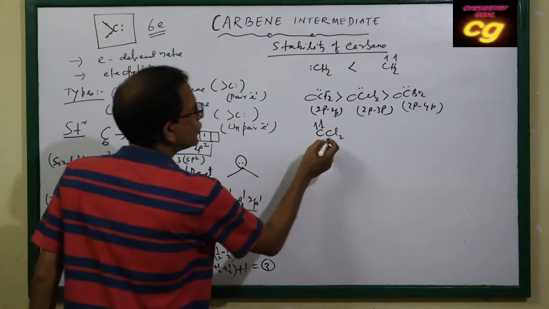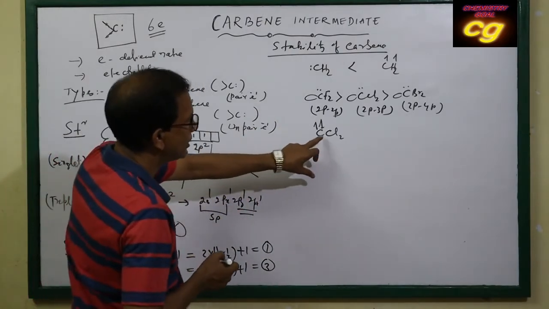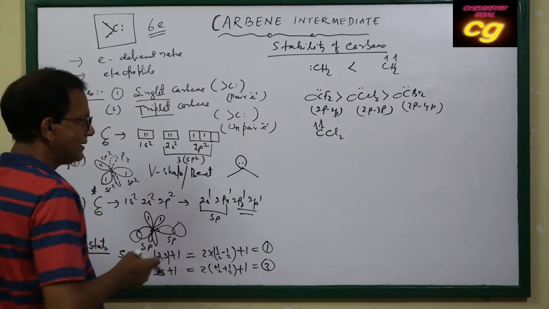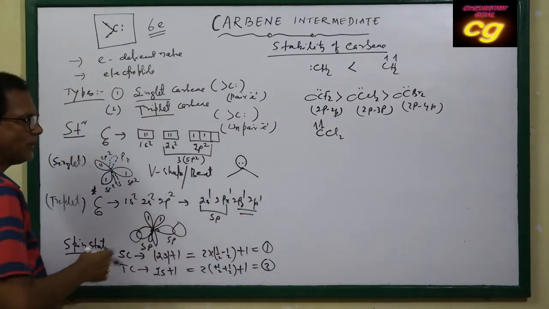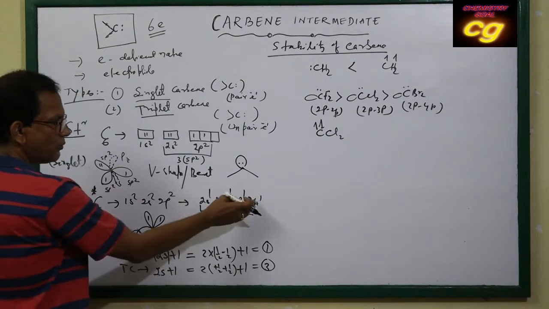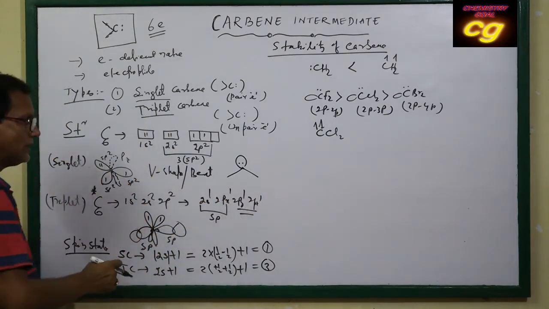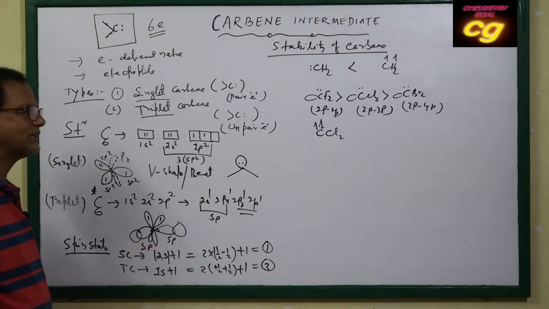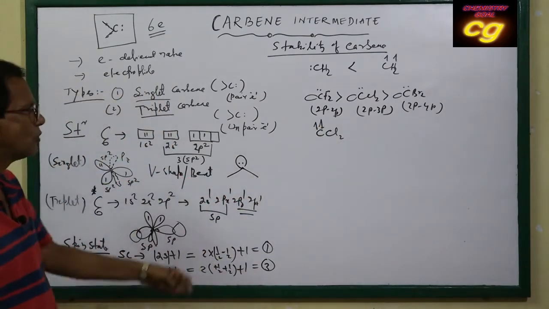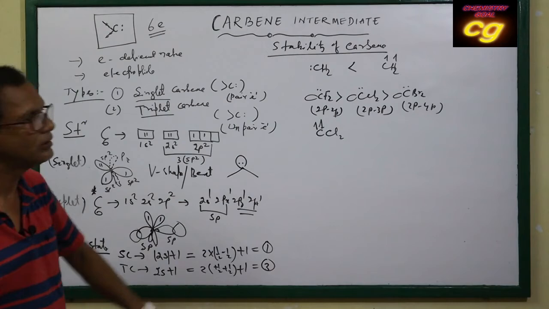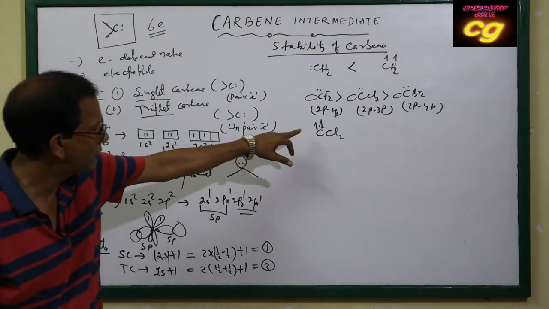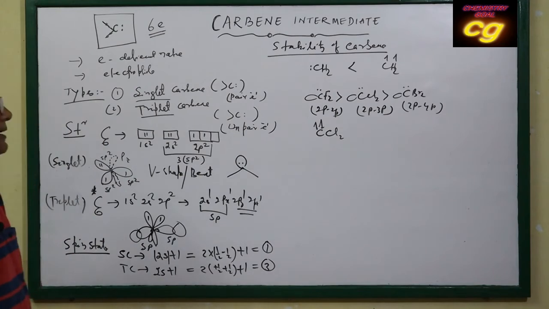Here the chlorine has a lone pair and available p orbitals, so when the electron of the pz orbital goes to py, one vacant orbital is also created. Then this chlorine can form a bond with the electron available on the carbon.